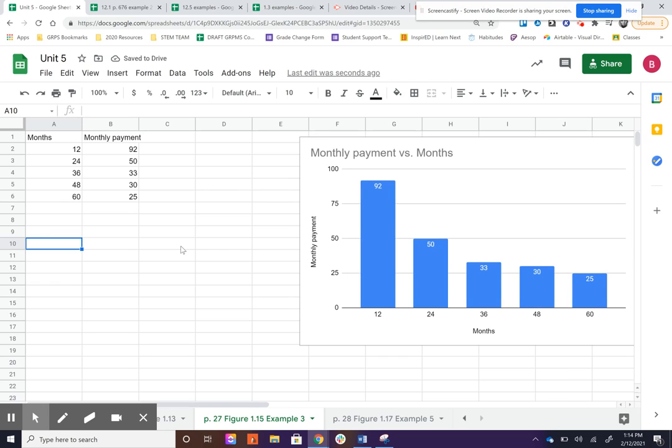We're making a monthly payment of $50 for 24 months, right? So let's go and say equals $50 for 24 months. So that means the total cost is going to be 1,200.